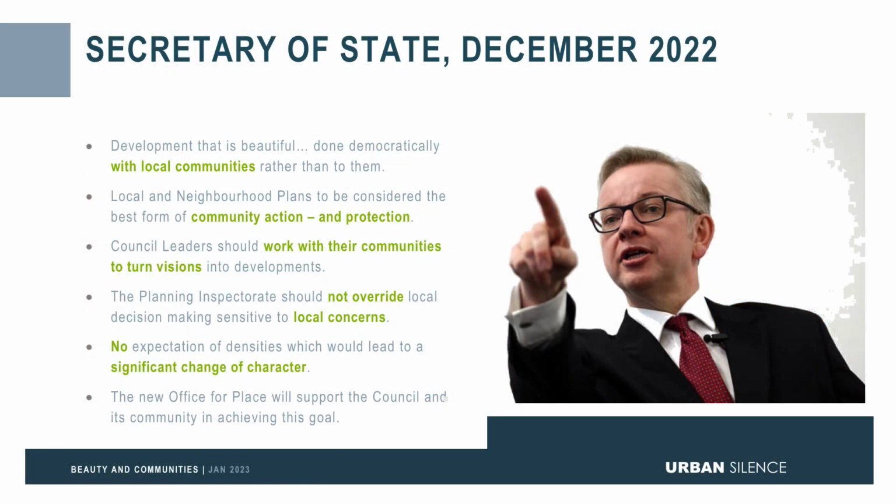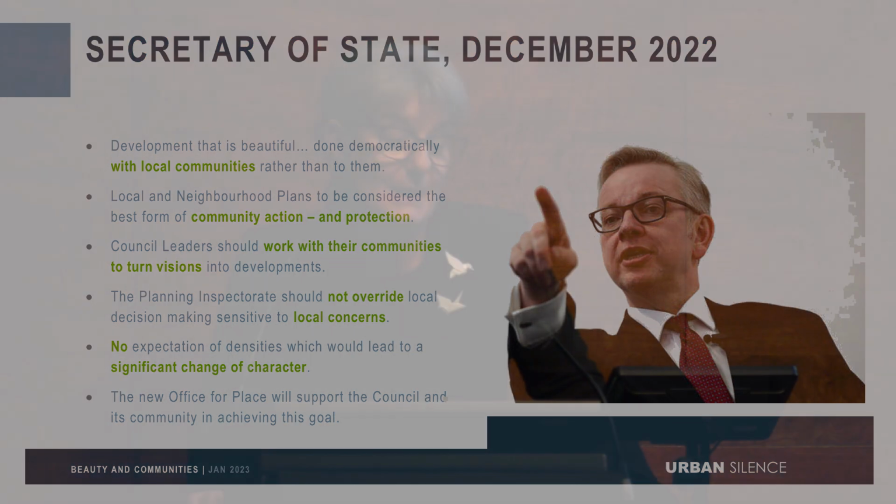Now I'm echoing what the ministers said. Mr. Gove, just in December last year, issued letters to MPs and to council leaders explaining his vision and the vision of the government.